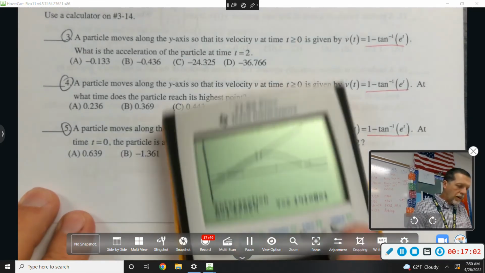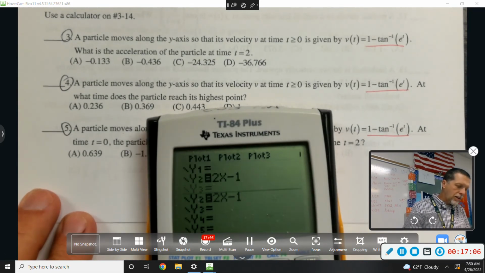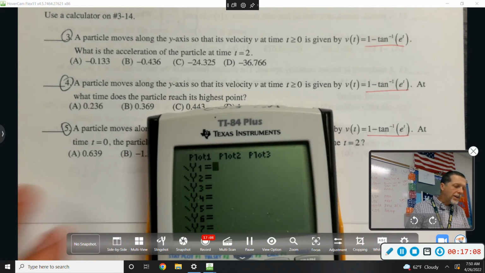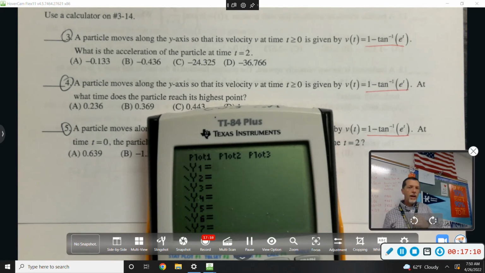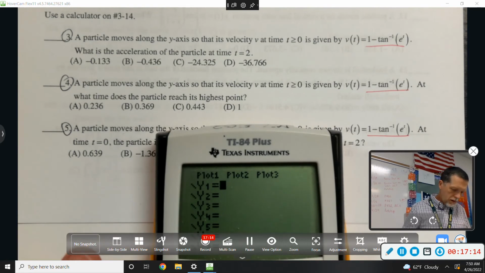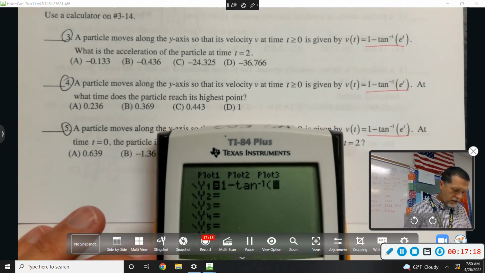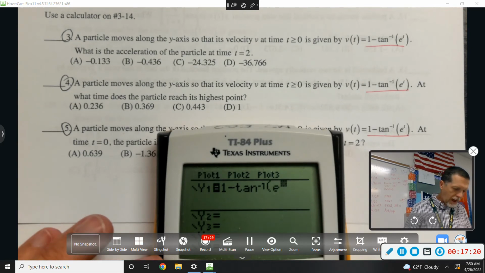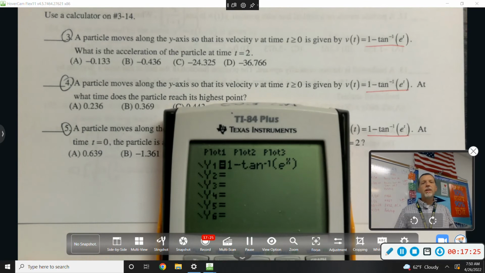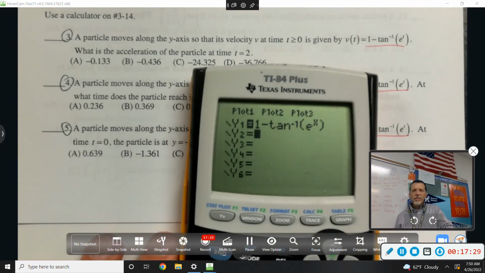Especially on a calculator test, I'm probably just going to go ahead and put that in for velocity, or for y1, and then go from there. 1 minus inverse tangent of e to the x. They like to do crazy stuff when you have a calculator, because the calculator can handle it. 1 minus inverse tangent of e to the x.